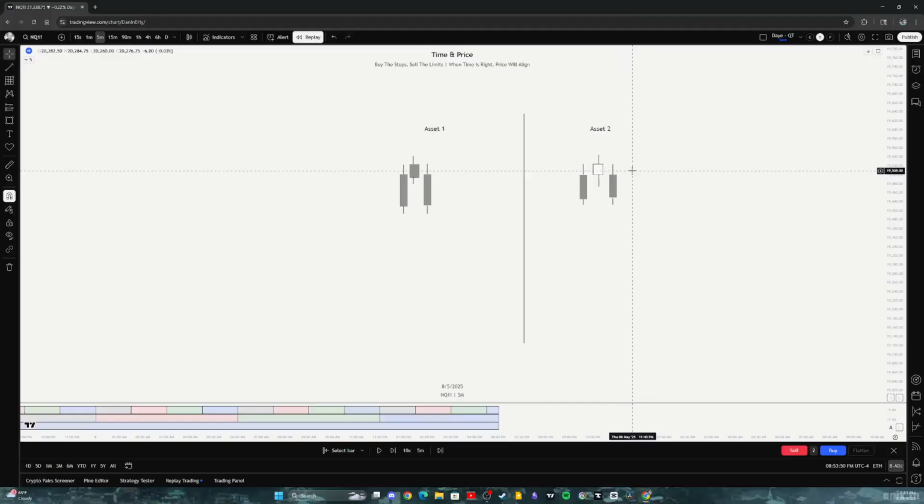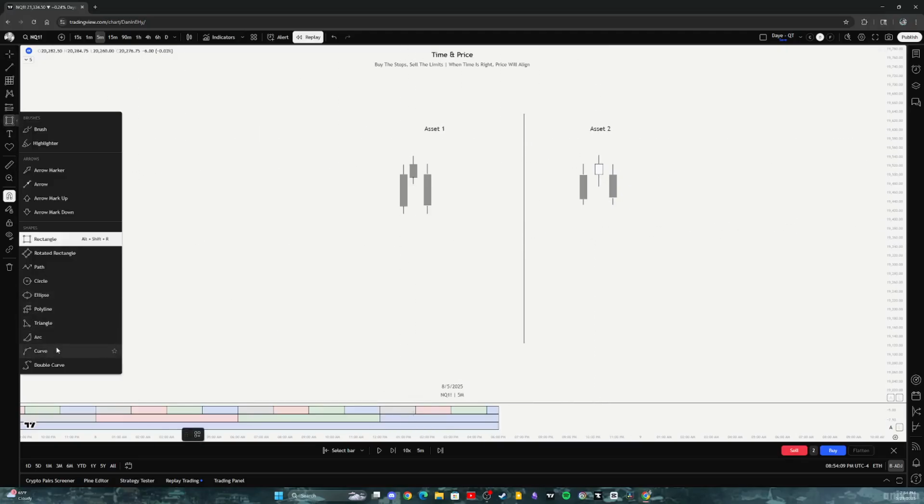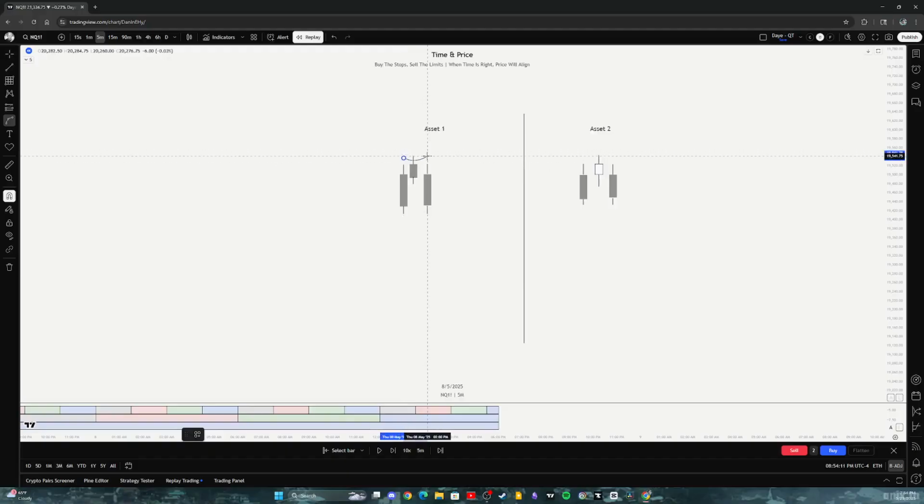So again, a precision swing point is when one asset forms a down close candle while another correlated asset forms an up close candle. That is what a precision swing point is. It has to be a swing point. There has to be a 3 candle pattern involved.